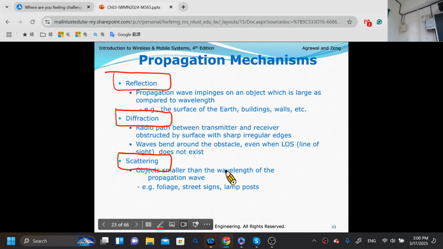Group one, this is easy. Maybe group two, you just have to check what reflection means, the mechanism of reflection. And group four, diffraction. And groups one and three, check scattering. You can look at what it means.